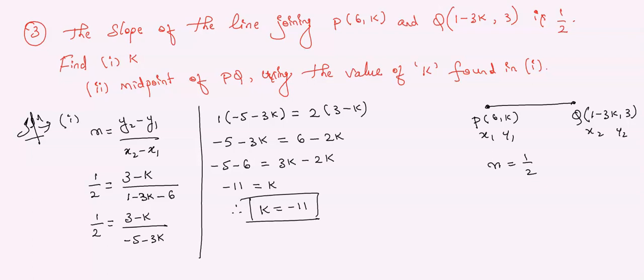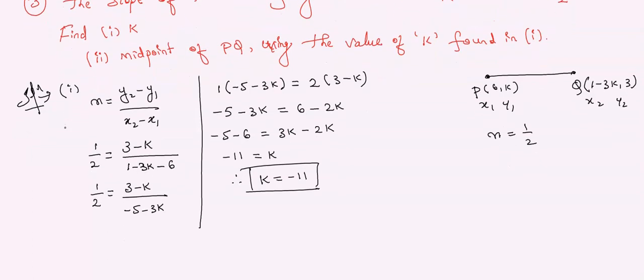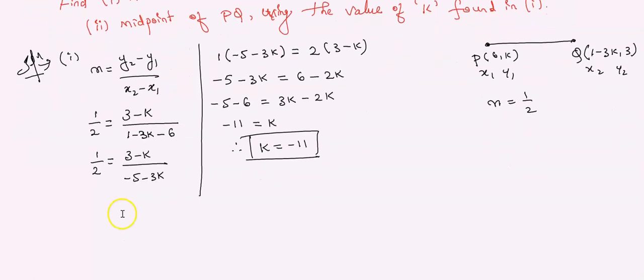Now they are asking us to find the midpoint of PQ by using the value of k which we got from sub question 1. In sub question 1 we got k as minus 11. Now again you have to find the coordinates of P and Q. What is the coordinates of P?